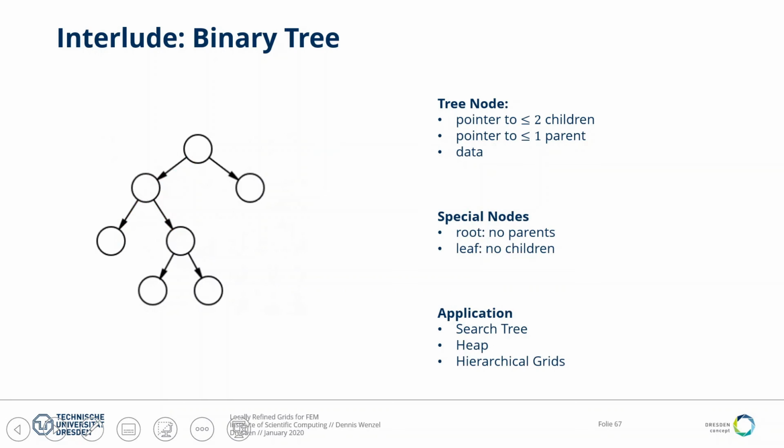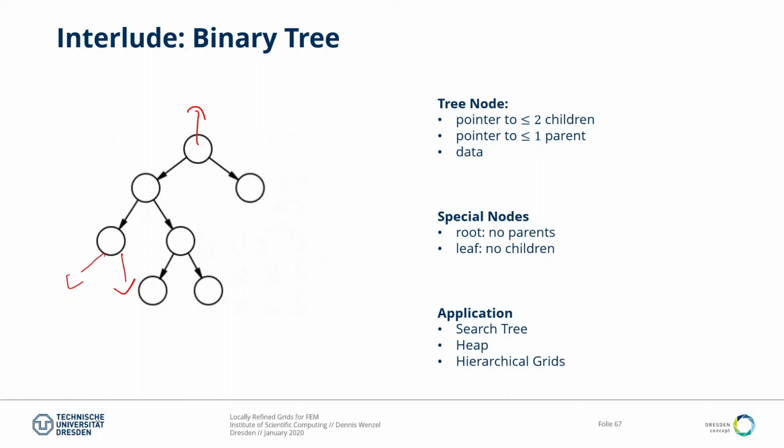And then you have special nodes. This one up here is the root because it does not have any parent. And you have leaves because they don't have any children. Okay, and then the applications are, for example, search trees. Binary trees can be implemented for very efficient search in structures. They can be used for building heaps.